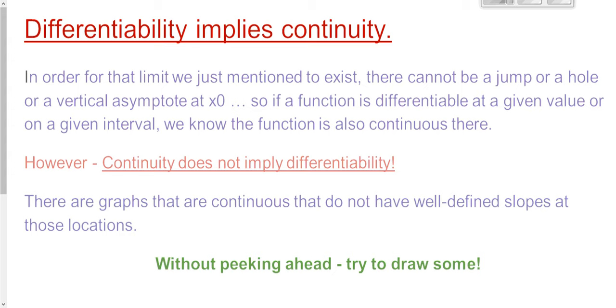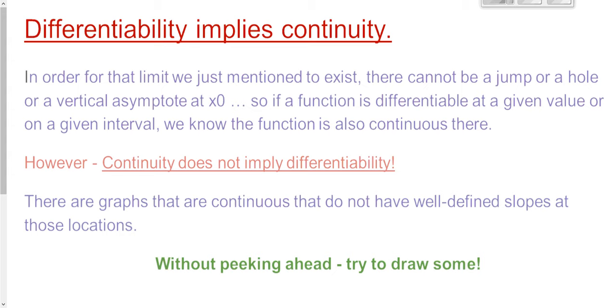Differentiability is a powerful statement because it tells you continuity. However, saying continuous doesn't mean you have differentiability, because there are graphs that are fully continuous, but the slopes aren't well defined. Even though the graph is well defined, the slopes aren't. So again, I'm going to ask you to pause.